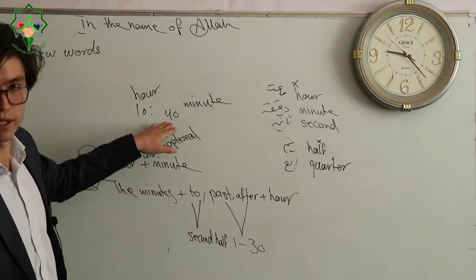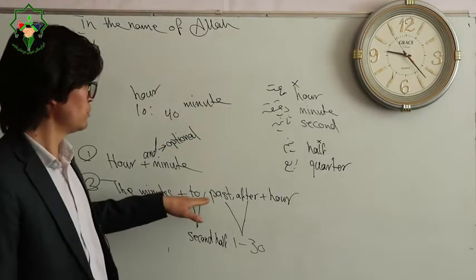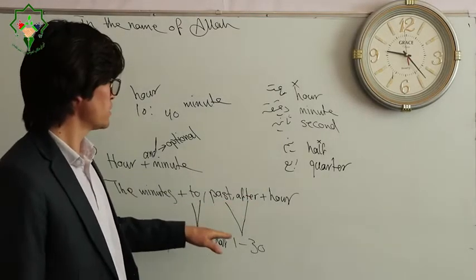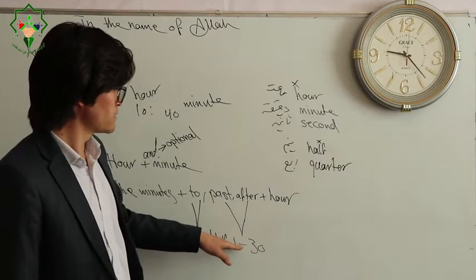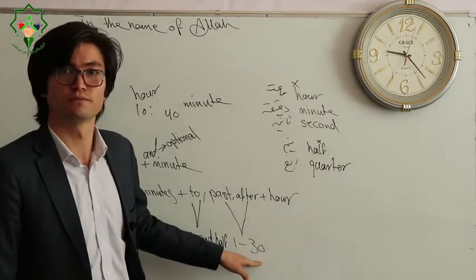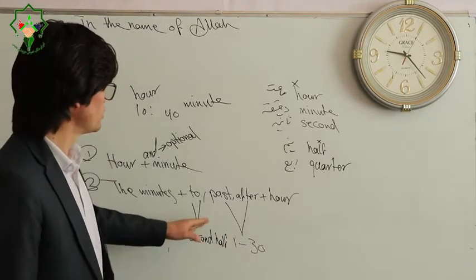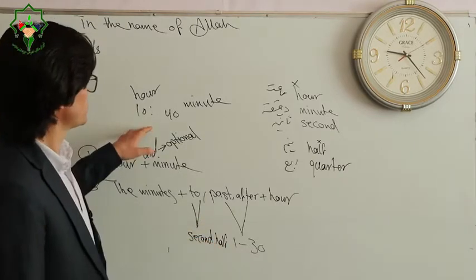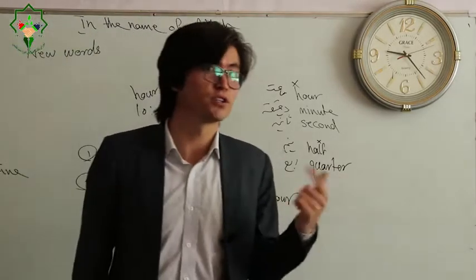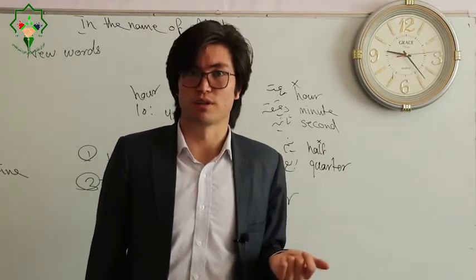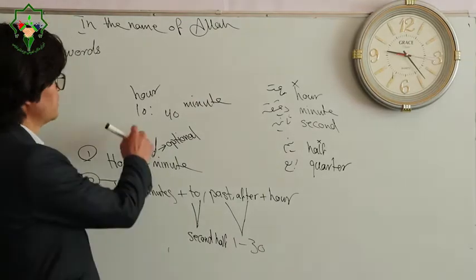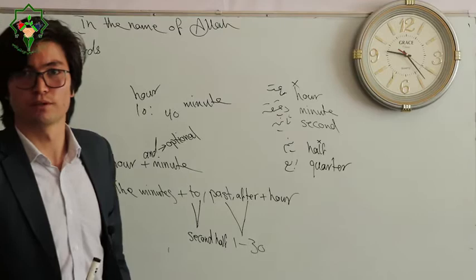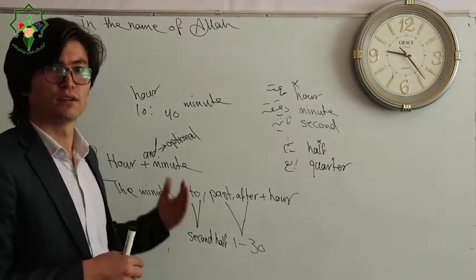First, you mention the minute and then to or past or after. When do we use past or after? When the minute is from 1 till 30. But to is used for the second half, with respect to the next hour. Got it? For example, here 10 and 40, 20 to 11. So this is the rule.